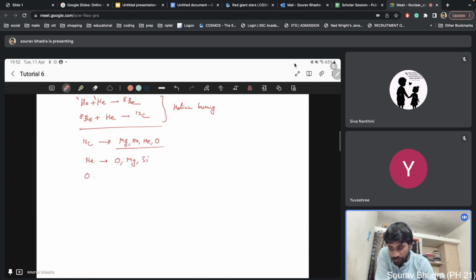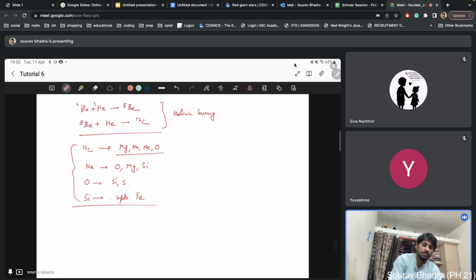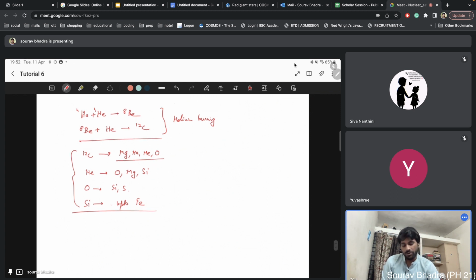Then oxygen will also go through some reactions, and it will give rise to different elements, that is silicon, sulfur. This silicon will again go through burning, and it can make up to iron. So this type of different stages of burning was there. This is the short summary if you want to take from this class.